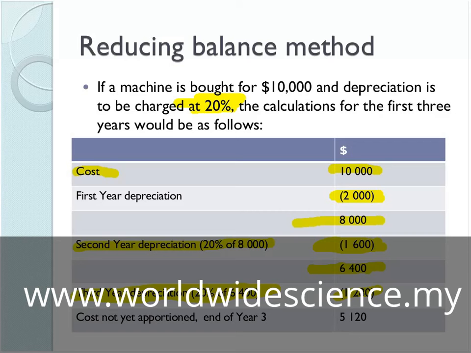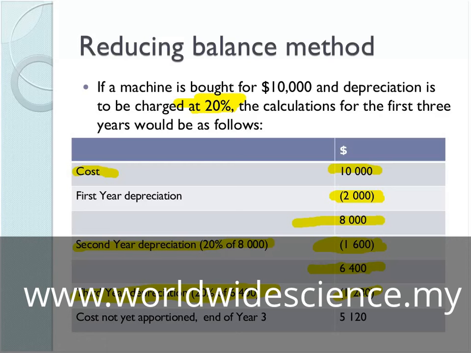And then to see how much costing for the machine we have for the next one, we must deduct from the 6,400 minus the depreciation, which is 1,280. So it's equal to 5,120 for year number 3. Can you see that it has been typed for you?